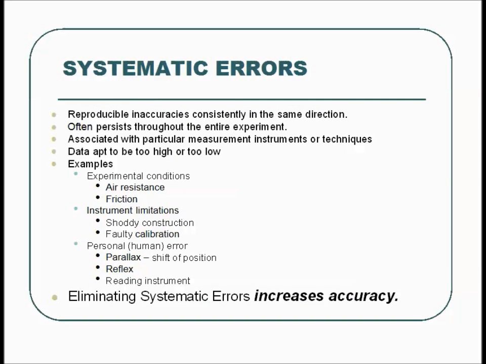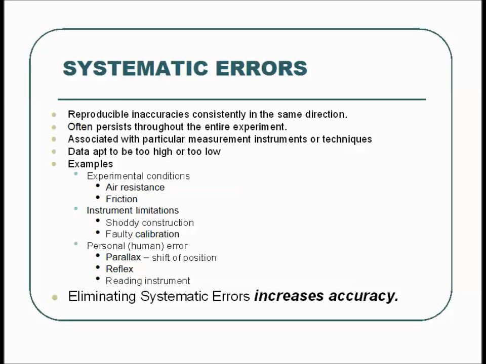Systematic errors are those that continually show up throughout your entire experiment. They're in one direction, either high or low. Things like air resistance and friction could be a cause of some errors. Shoddy construction of your measuring instrument. Maybe you have a leak in the graduated cylinder that you don't know about.